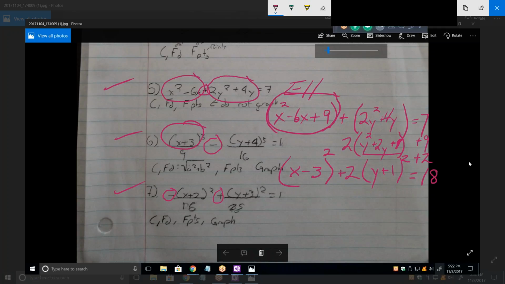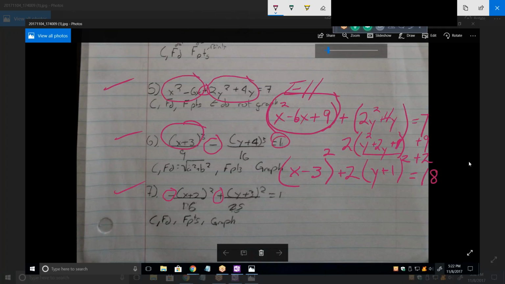Okay? Now, this part's a little tricky. Remember the standard format is this thing has to equal 1. So what do I do now? This is always the same step.